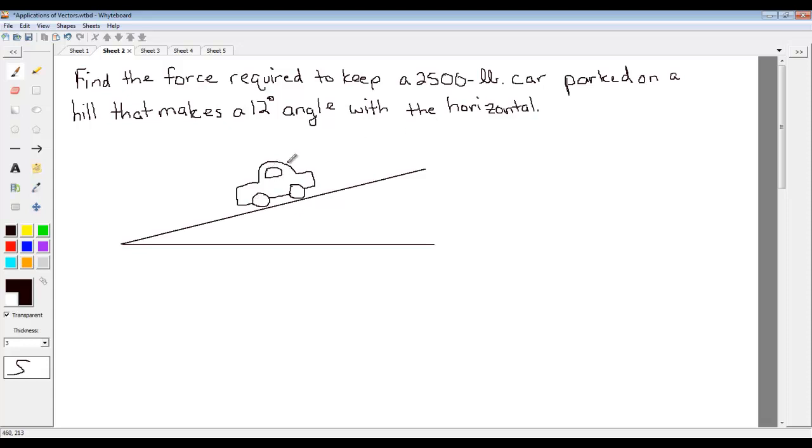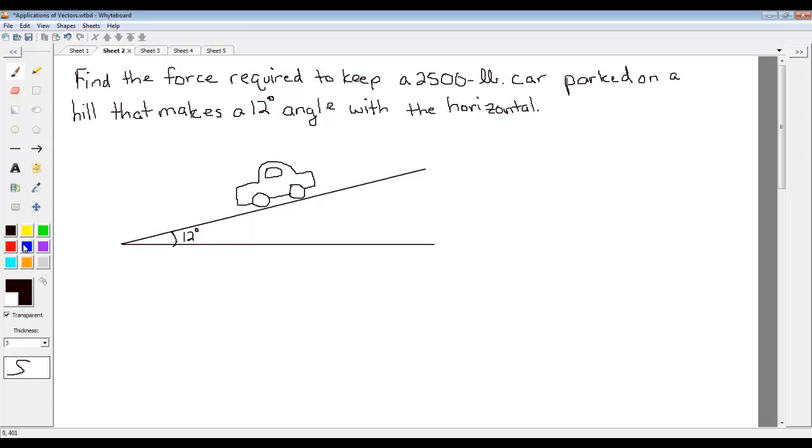We want to make sure this car stays parked nicely here. Now we've been told that the hill makes a 12-degree angle with the horizontal right here.